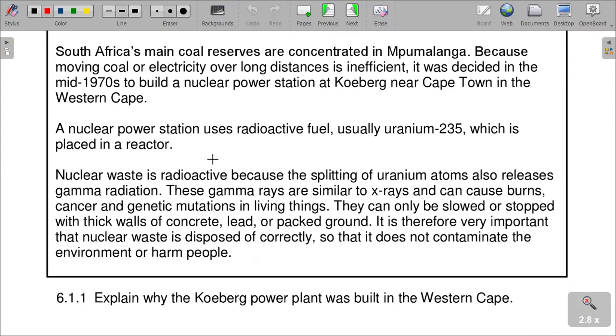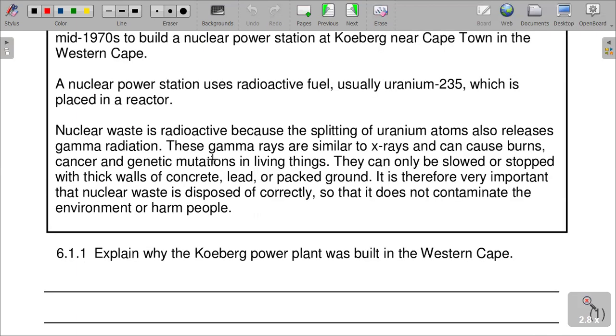A nuclear power station uses radioactive fuel, usually uranium-235, which is placed in a reactor. Nuclear waste is radioactive because the splitting of uranium atoms also releases gamma radiation. These gamma rays are similar to X-rays and can cause burns, cancer, and genetic mutations in living things.